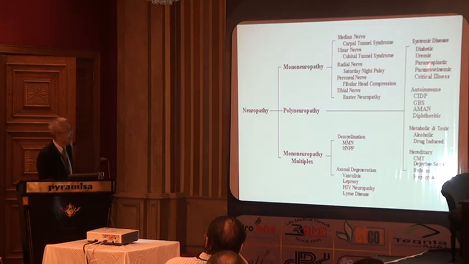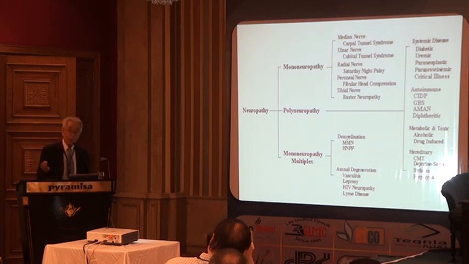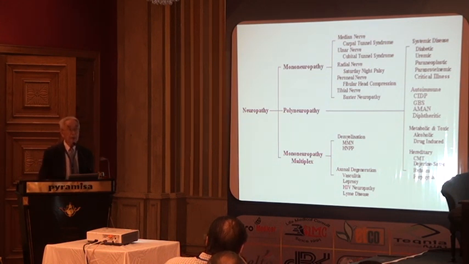Diabetic neuropathy accounts for about 30 to 40% of our patients. But they are more or less symmetrical and length dependent, meaning the legs are more affected.